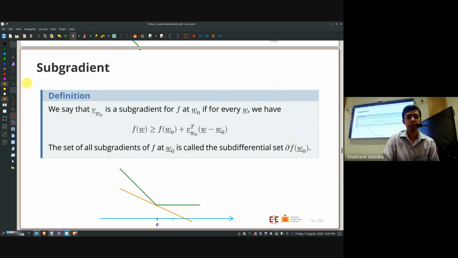One thing to note is that the subgradient may not be unique.